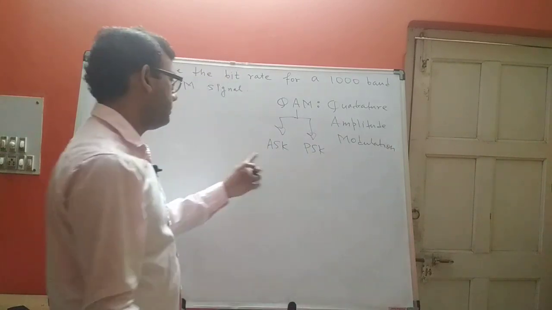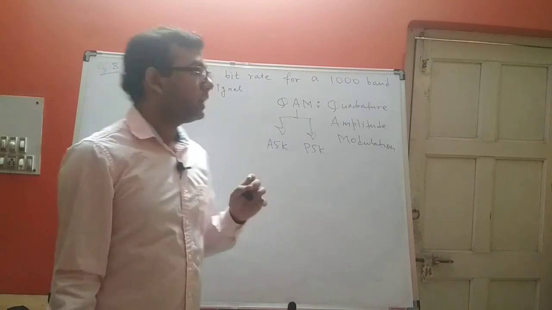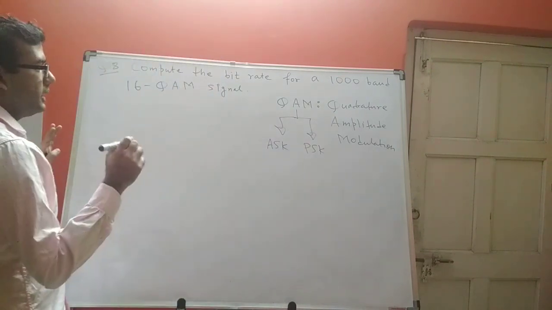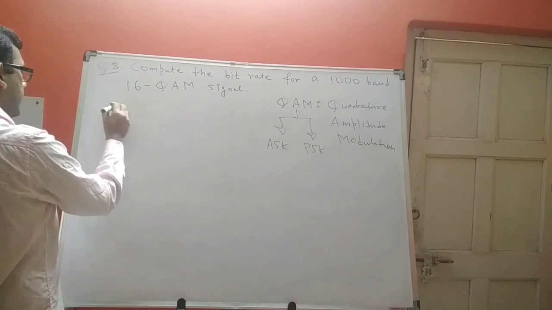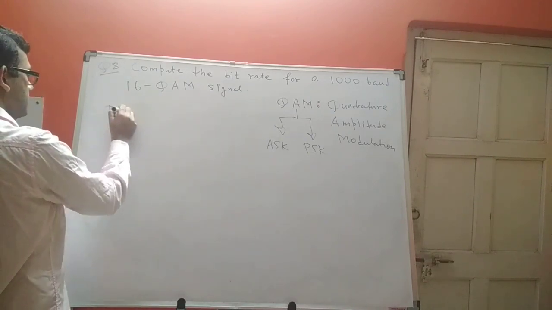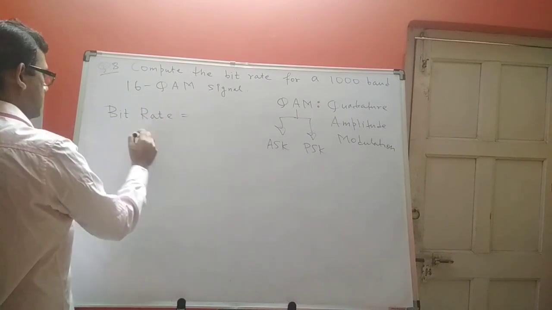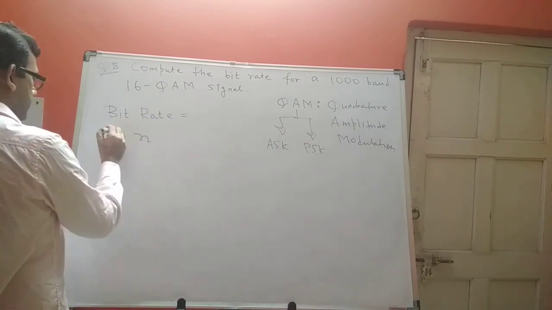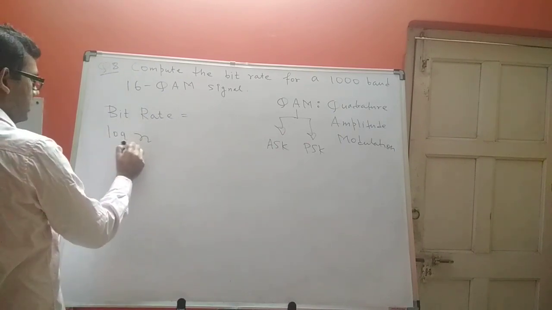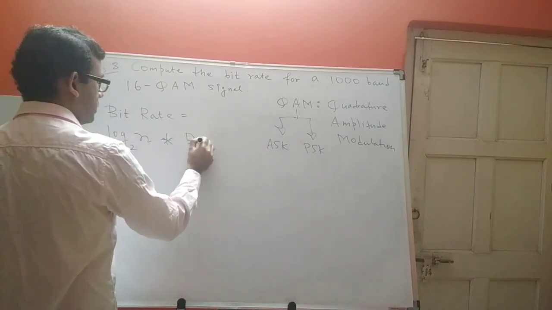So you combine the techniques of ASK and PSK to get QAM. See, the logic still remains the same. You have been asked to calculate the bit rate, and we know that the bit rate is given as log n base 2 into the baud rate.